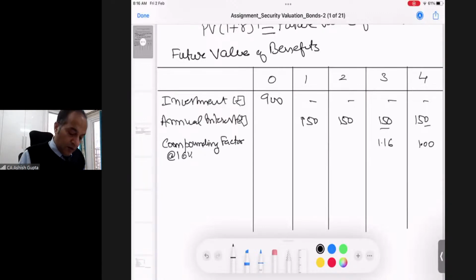Now the compounding factor for 2 years: the amount accrued at the end of the second year will be invested for 2 years. Accordingly, the compounding factor will become this.